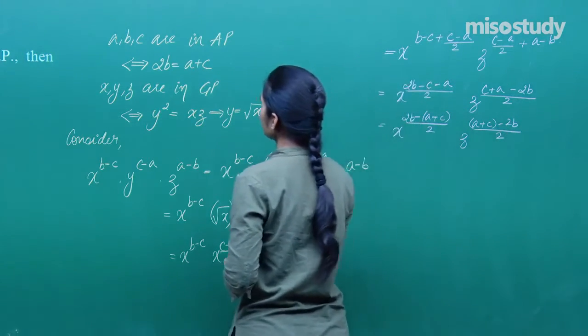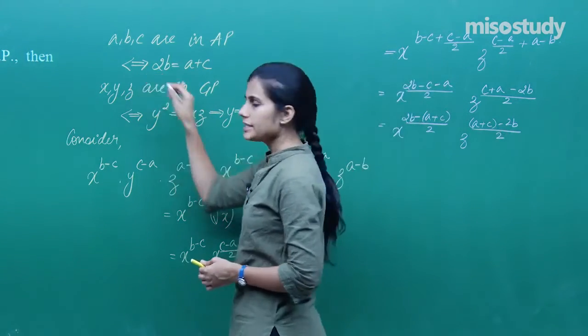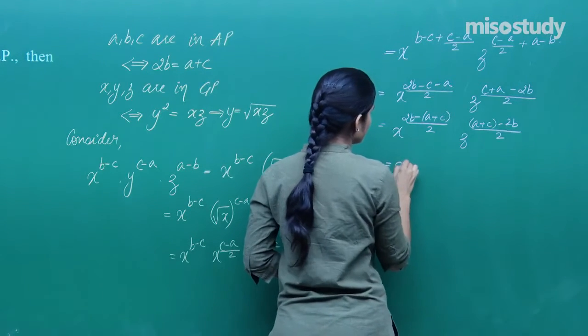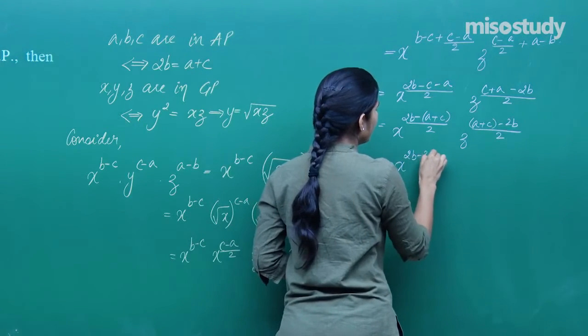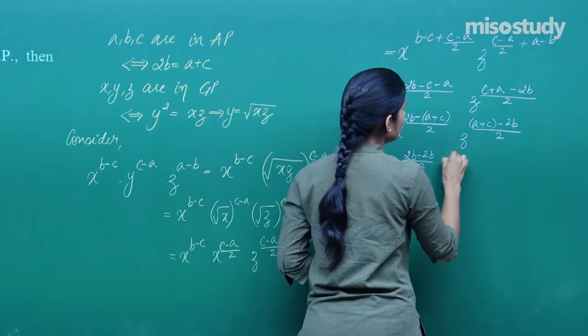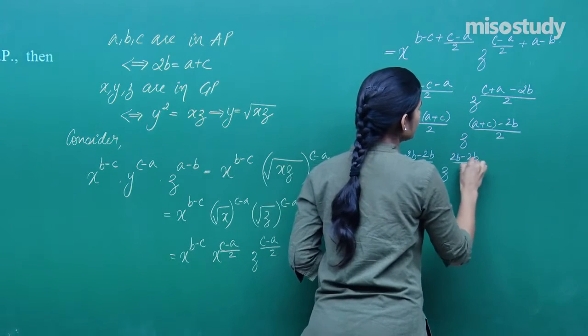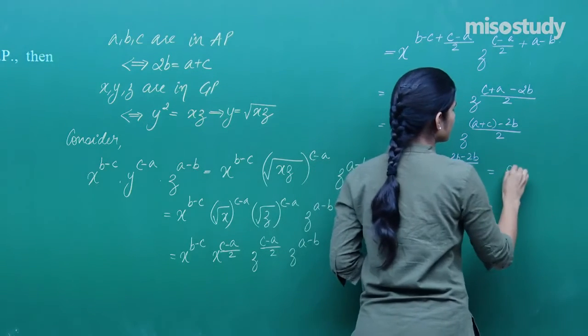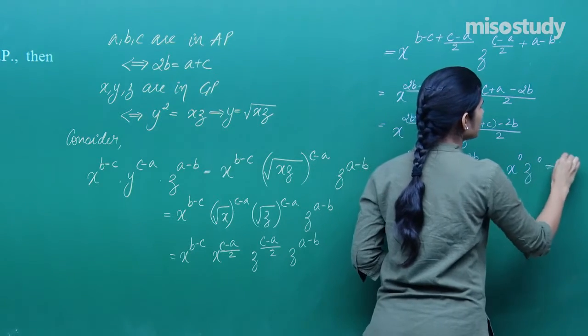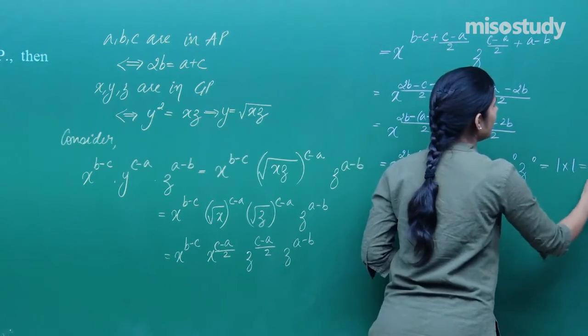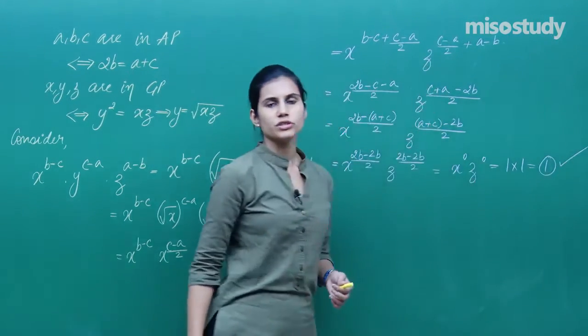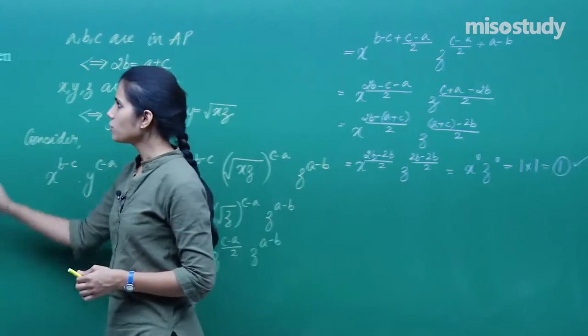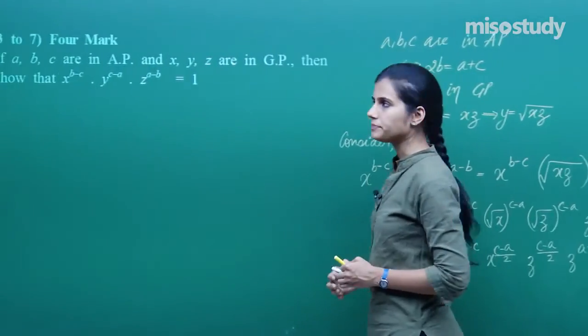Please go back to the given facts. A plus c is the same as 2b. So this is 2b minus 2b whole upon 2. This is x to the power 0 into z to the power 0, that is 1 into 1, and that is 1. That is what you wanted on the right hand side, and that is what proves your given question.